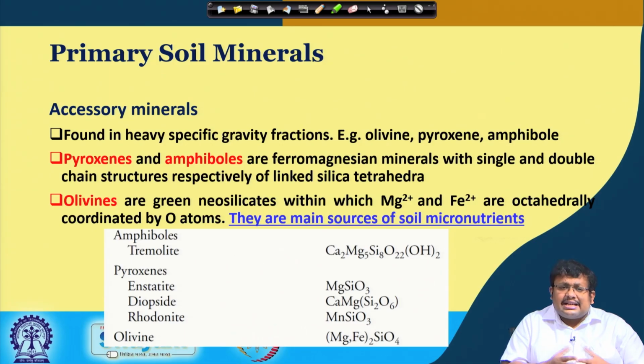Now, there are some other accessory minerals which are found in heavy specific gravity fractions. Some examples are olivine, pyroxenes and amphiboles. You can see that pyroxenes and amphiboles are ferromagnesian minerals, that means they contain iron and magnesium, with single and double chain structures respectively of linked silica tetrahedra. So, they represent the inosilicates, which show a single or double chain of tetrahedra. Olivine, as you know, is a nesosilicate.